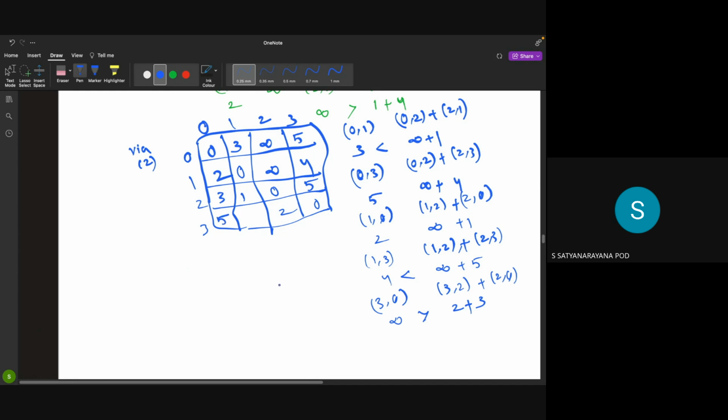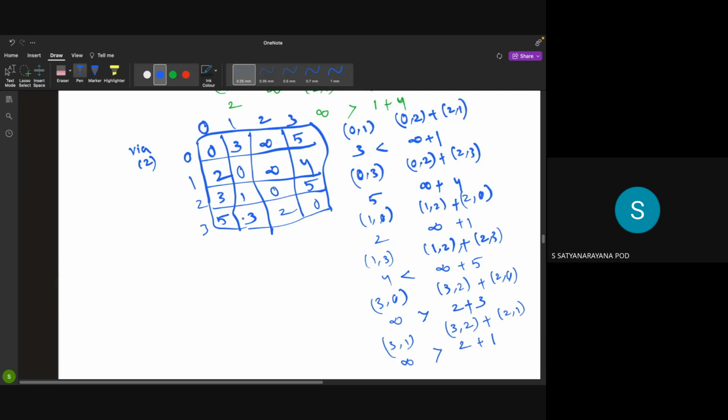And the last one we are calculating is 3 to 1. We have two ways, 3 to 2 plus 2 to 1. So 3 to 1 is infinite. I hope it is a worse value. And this is 2 and this is 1. So this is a better value, 3 we are updating. So this via 2 is done.